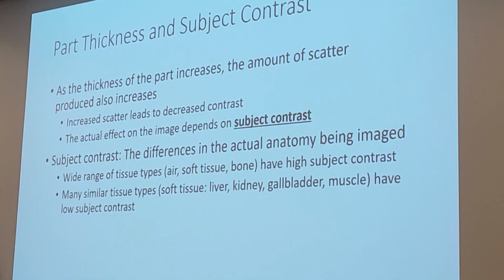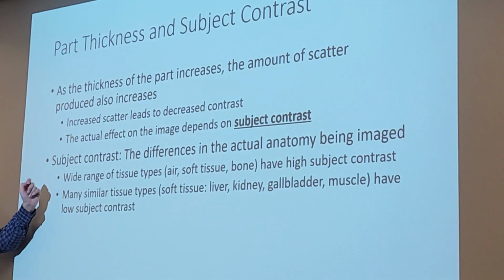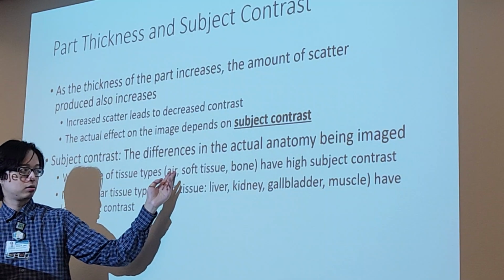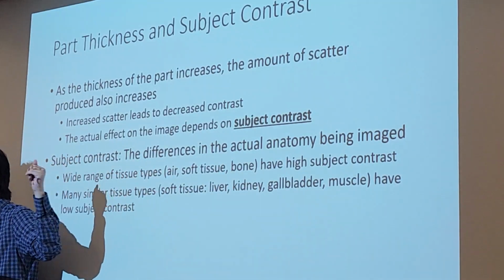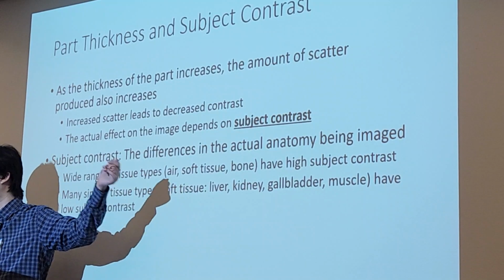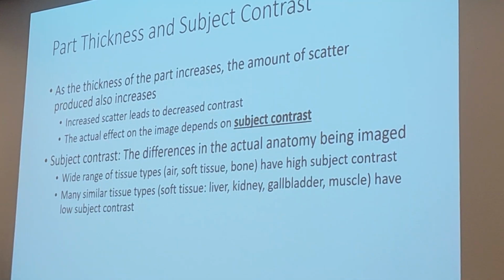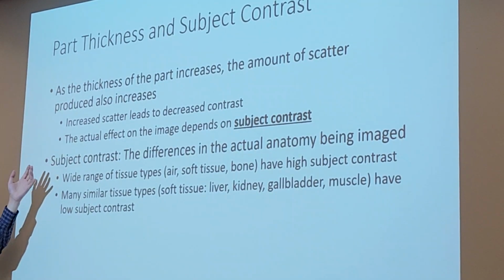So, for example, if we have tissues like air, soft tissue, bone, right? Air and bone, big differences. We're going to have high subject contrast here. But in the abdomen, if you're looking at things that are all kind of similar, right? Liver, kidney, gallbladder, then those have low subject contrast, small differences between each other. Okay? So subject contrast is what we want to see. Scatter keeps us from seeing our subject contrast. It fogs it, right? It kind of makes it all gray.